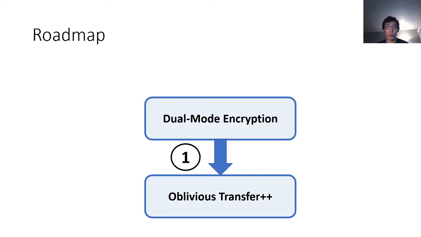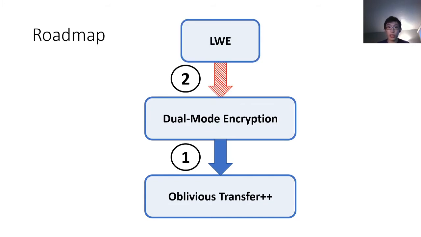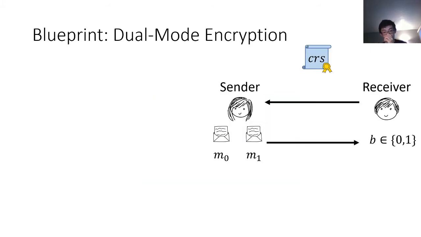Our roadmap for this talk will be to first discuss the blueprint of PVW and how that's related to oblivious transfer, the strong notion of oblivious transfer, and then we'll show how they build that from LWE and how we fix it. The blueprint of PVW is to use a very particular form of encryption to realize the oblivious transfer protocol.